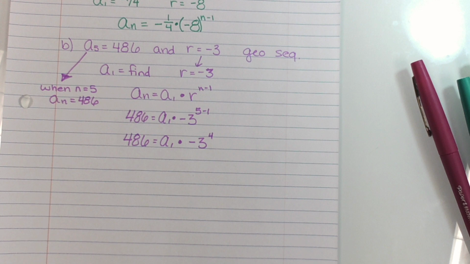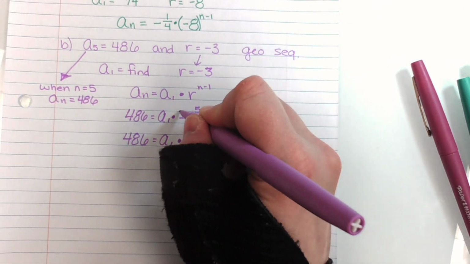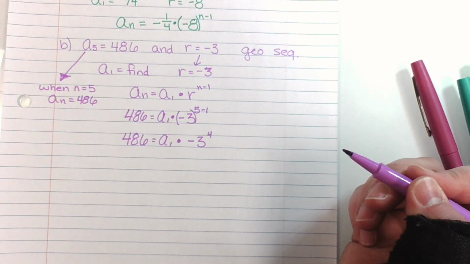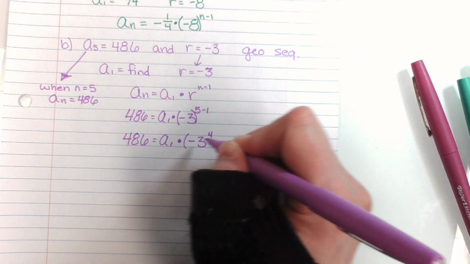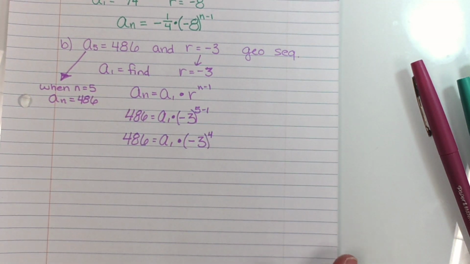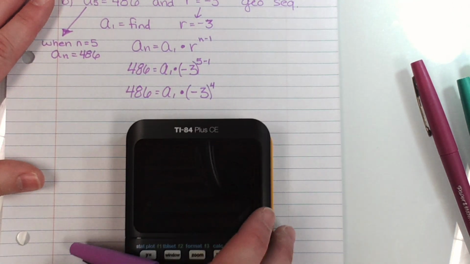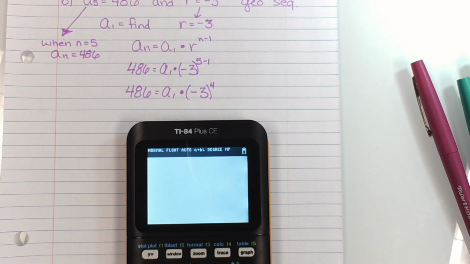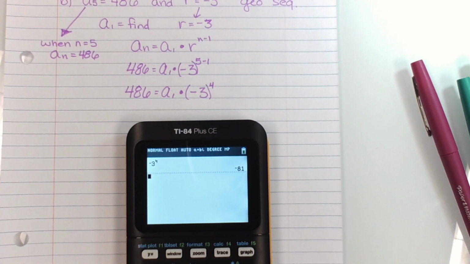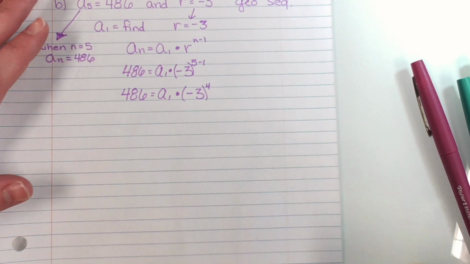Parentheses around the r. When r is negative, it needs parentheses. When in doubt, just put r in parentheses all the time. When I put this in my calculator, I better put parentheses around it, because negative 3 without parentheses to the 4th power is negative 81, but in parentheses is positive 81. Makes a difference.